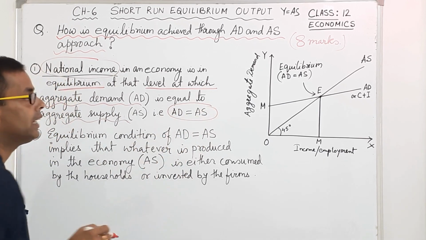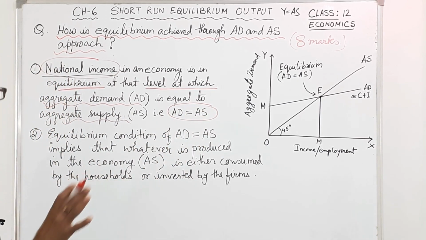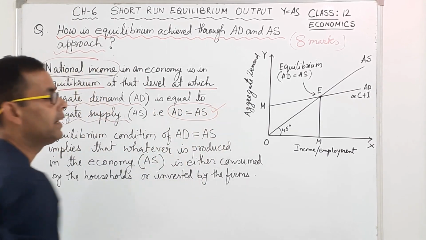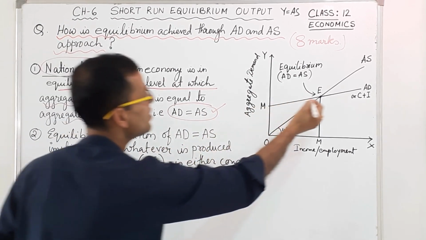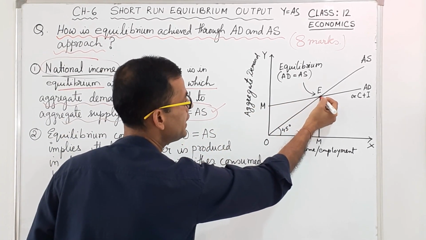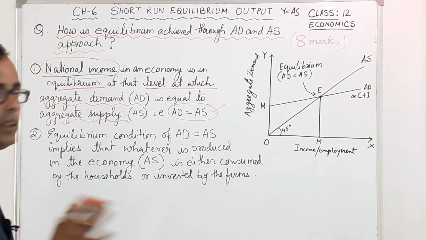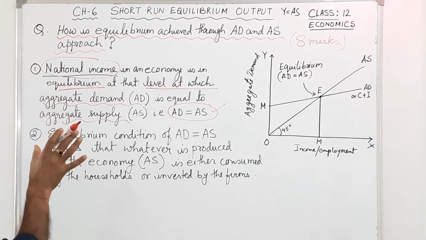That means national income in any economy will be in equilibrium only when aggregate demand and aggregate supply are equal. At this point they are equal, they are meeting each other. So this point only will be the equilibrium point. Clear or no?